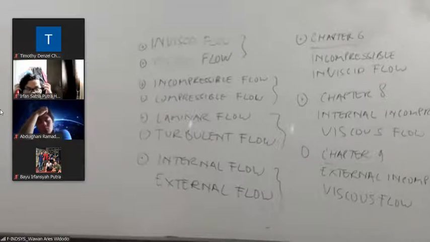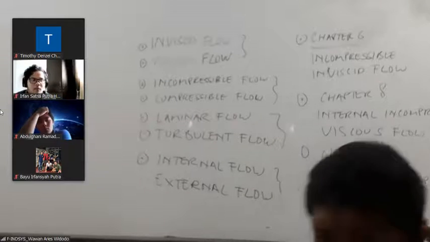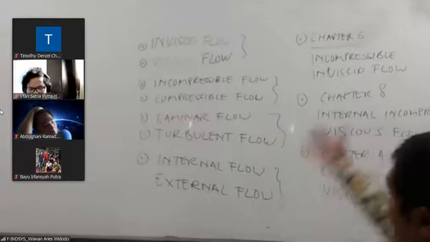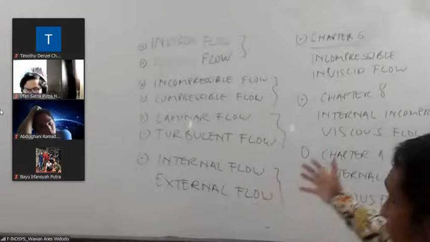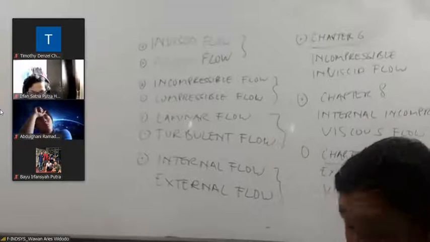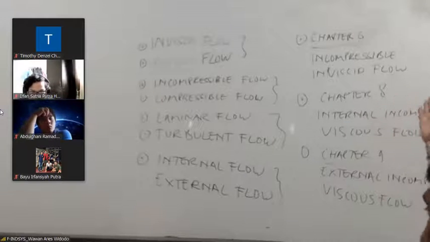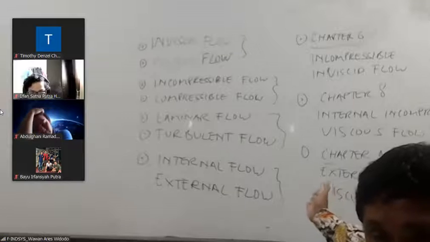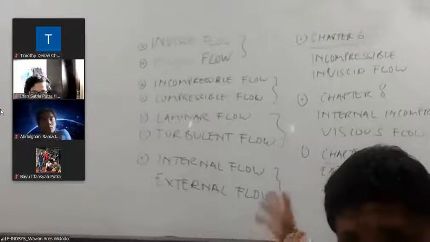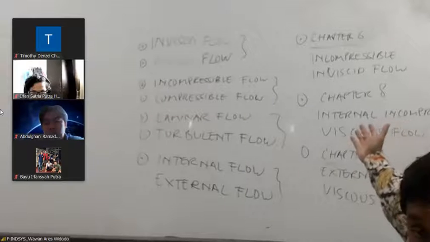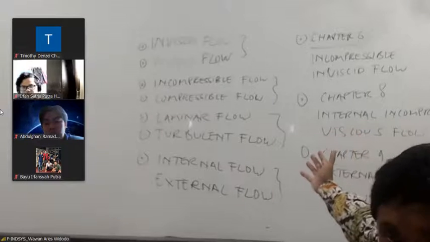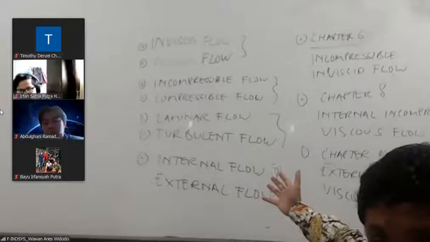Okay, and actually what we like to know about this is not just definition, because this is about the application. Especially in chapter 8 and chapter 9, we will discuss the application of fluid mechanics.